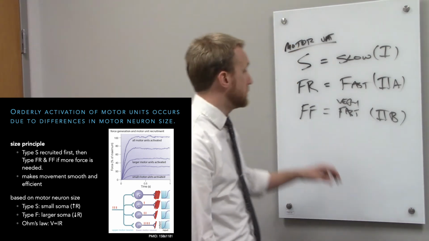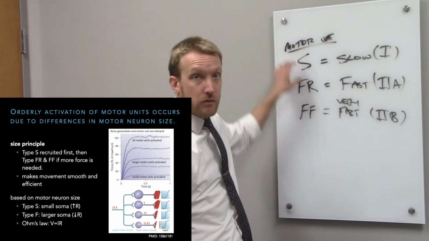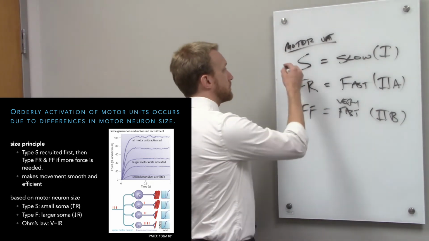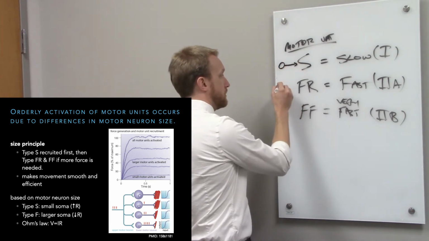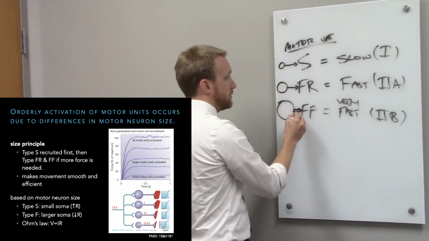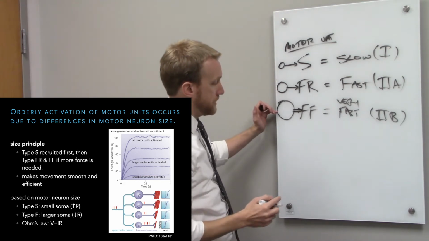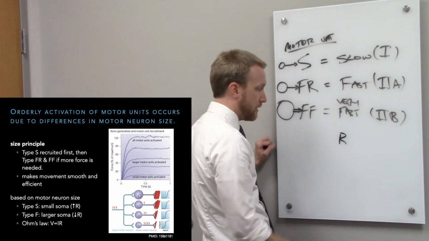So those neurons that target the slow or the type S motor units are a little smaller motor neuron compared to the fatigue resistant and the fast fatigable. And the size matters here because the size determines the internal resistance of the cell.